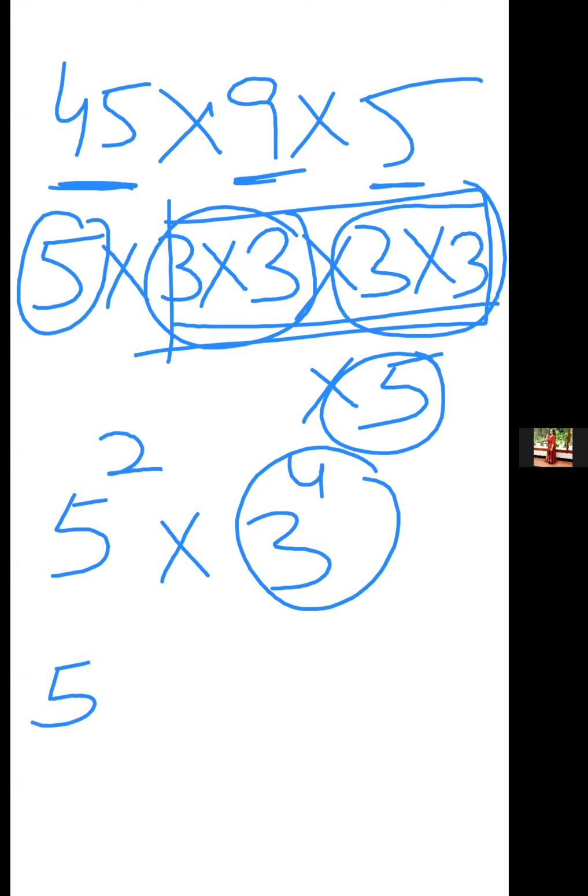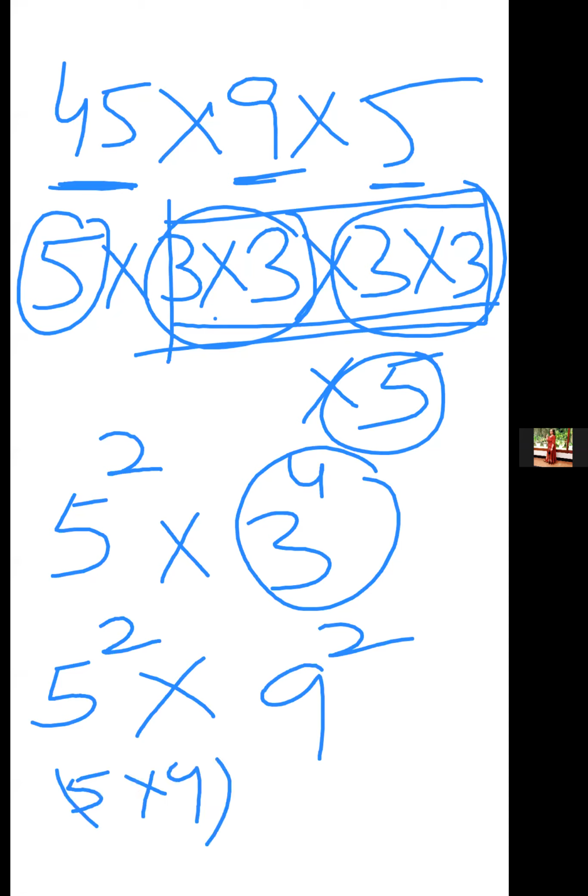So it will be 5 raised to power 2 multiply 9 raised to power 2. 3 3s are 9 का एक पेयर बन गया, 3 3s are 9 का एक पेयर बन गया. ठीक है. फिर आपने क्या करना है, 5 और 9 को मल्टीप्लाई 5 into 9 and whole raised to power 2. It is 45 raised to power 2. Clear now?